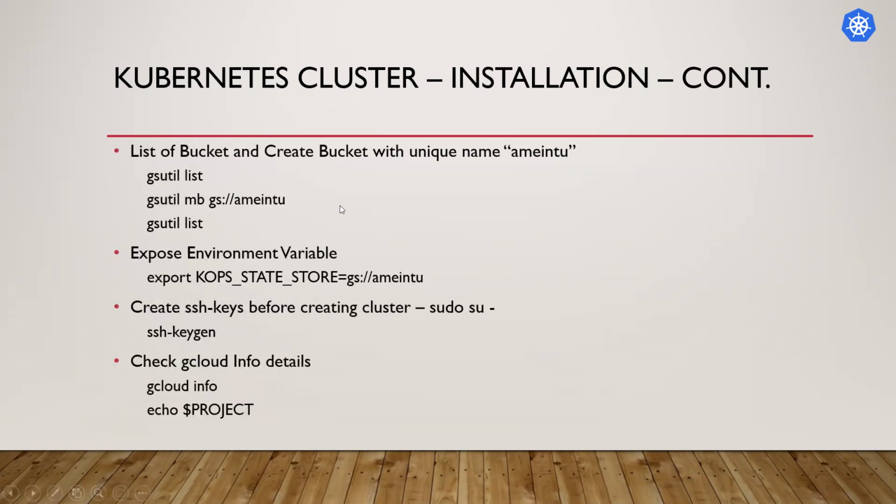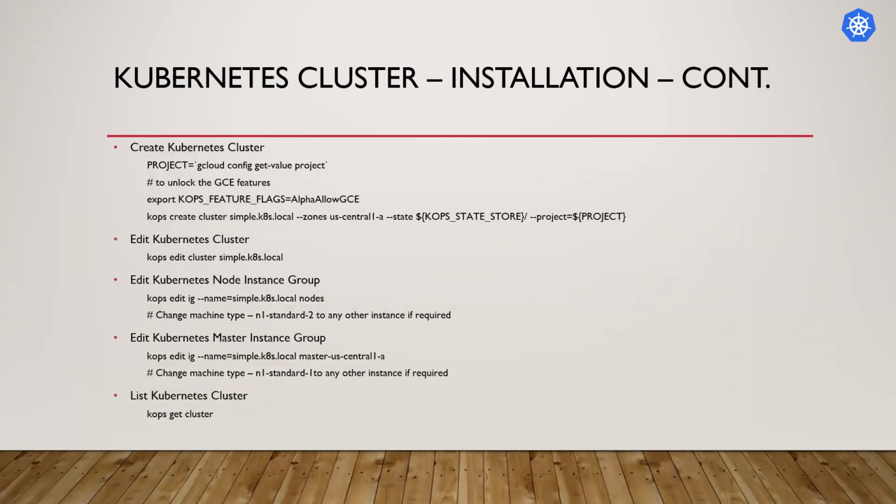After that, we will create a bucket, and we will expose the environment variable. And at last, we will generate the key. After doing this, we will go for creating the cluster.